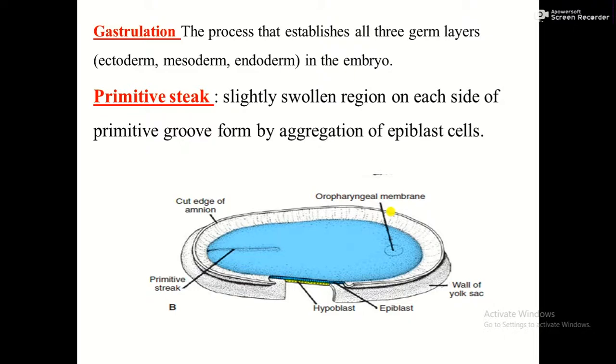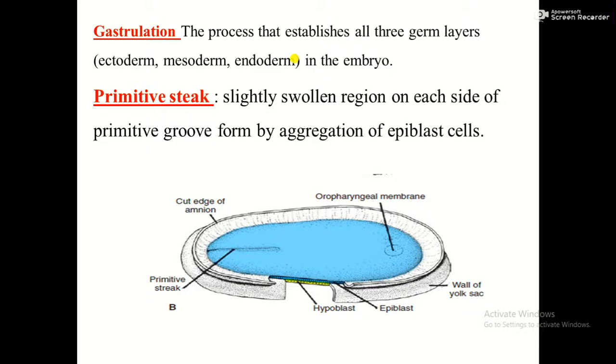So first of all, you have a term that we call gastrulation, and gastrulation is actually a process. Okay, it is a process. Gastrulation is a process that will establish all three germ layers, ectoderm, mesoderm, and endoderm, in the embryo. So you will wonder, what does it mean, ectoderm, mesoderm, and endoderm, and what are the germ layers?